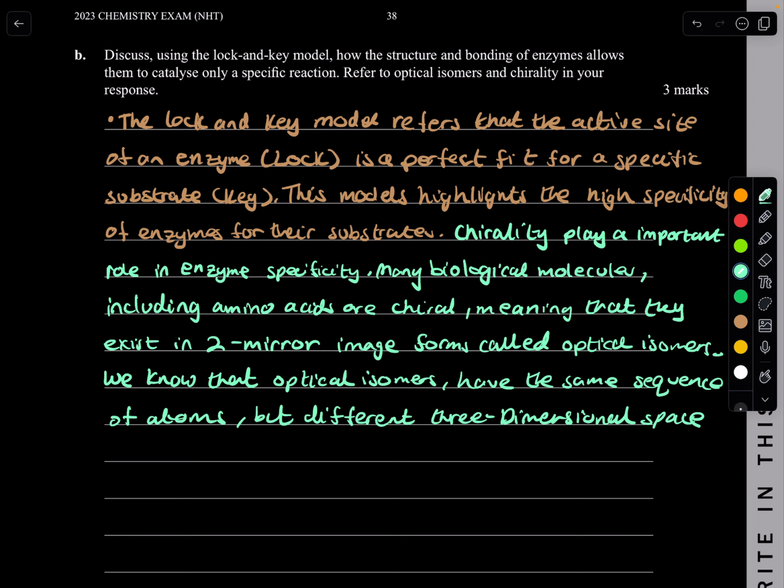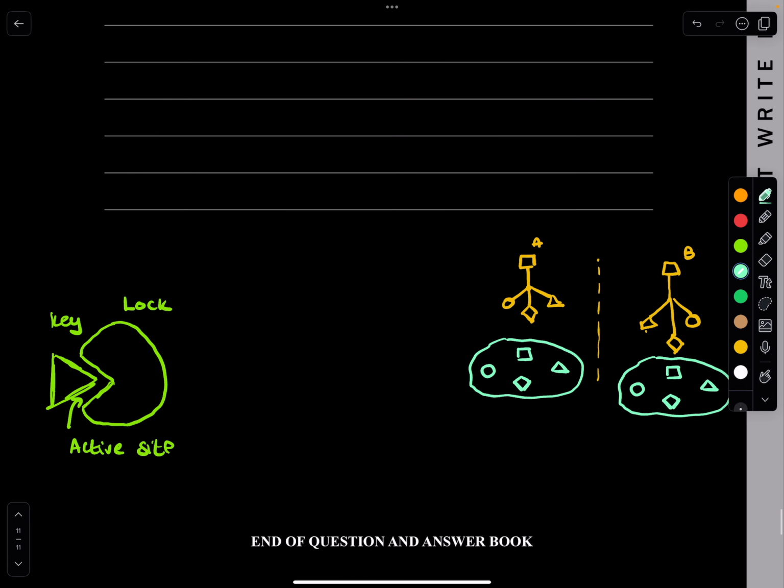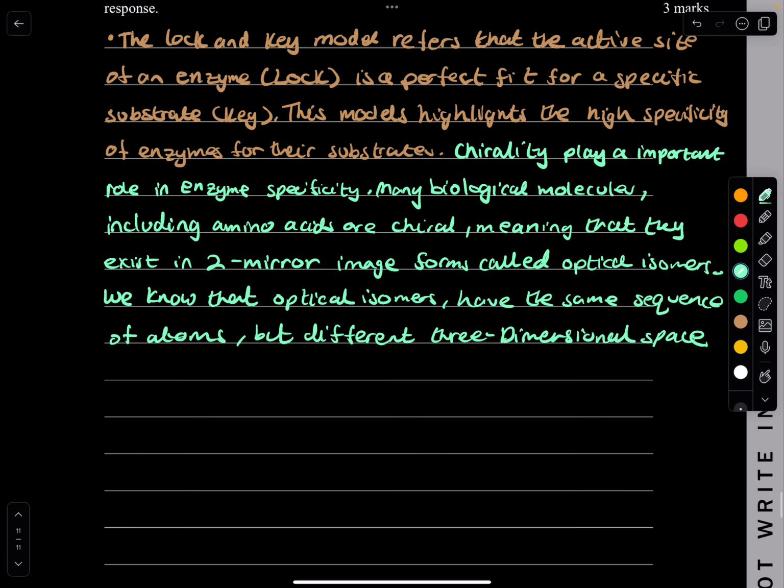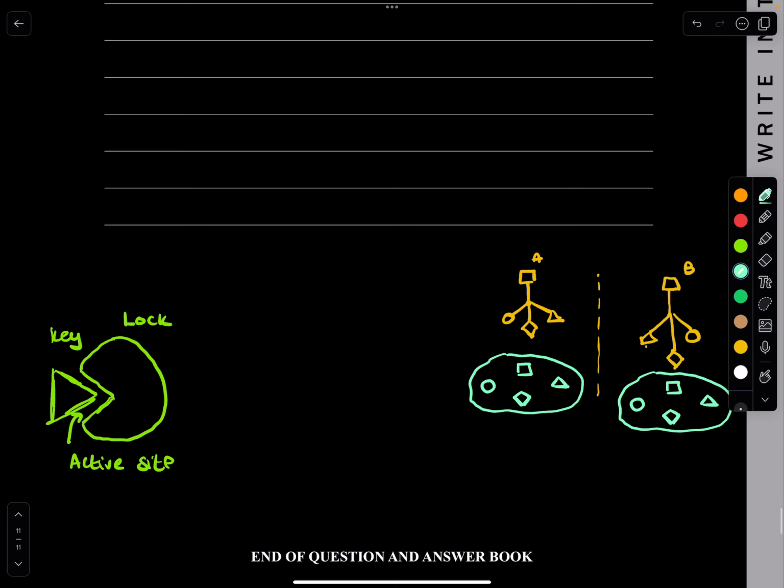The spaces are totally different. As we said here, they won't fit perfectly. Does that make sense? Beautiful. I think that covers chirality, and I think we'll just explain an example.